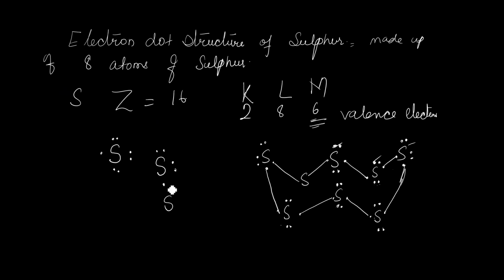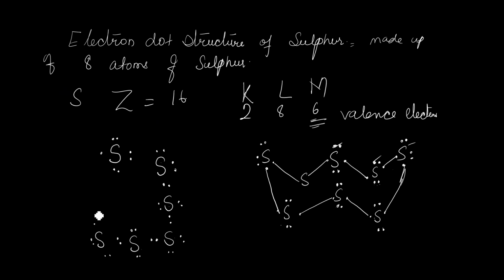One electron of this sulfur, and this sulfur. Again this sulfur electron. Then we have 1, 2, 3, 4, 5, 6, and another sulfur electron. Then another sulfur, 1, 2, 3, 4, 5, and 6. Then another sulfur, 1, 2, 3, 4, 5, 6.